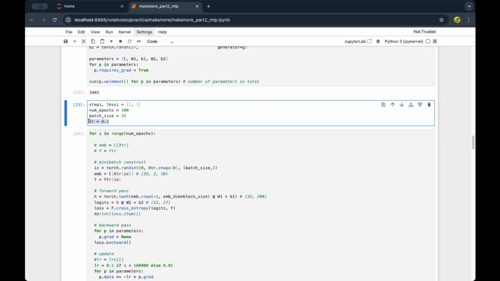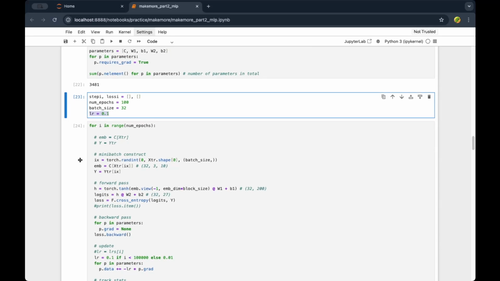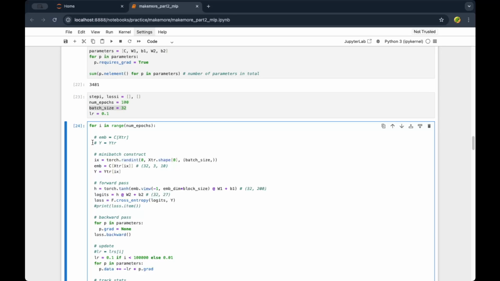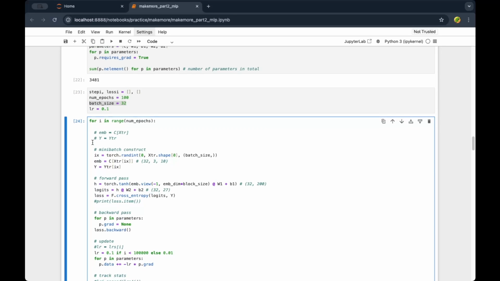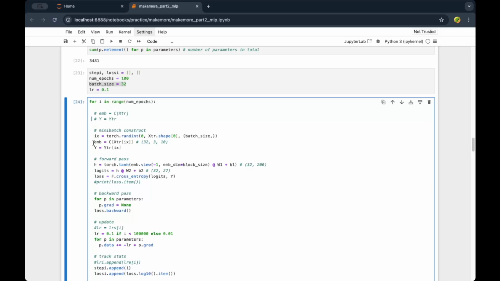One is the learning rate, a variable to control how fast the gradient descent happens. This variable cannot be too large or too small. The other one is batch size, which controls the amount of data fed into the model at each iteration. Instead of feeding all the data at once, we feed a small batch of data points at each iteration.